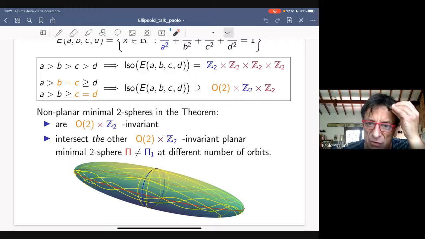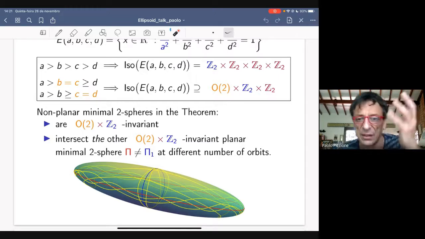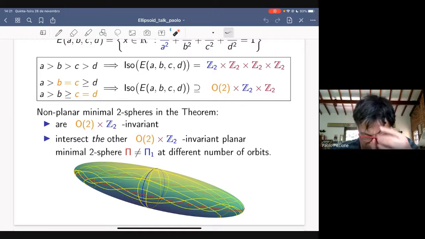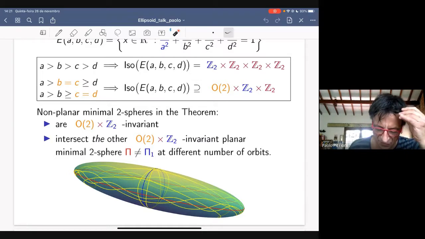Any two minimal spheres in the ellipsoid will intersect each other because of the Frankel theorem. But in this situation, we in fact can count the number of intersections that each one of these minimal spheres has with the only other planar minimal two sphere, which is invariant by the same symmetry.